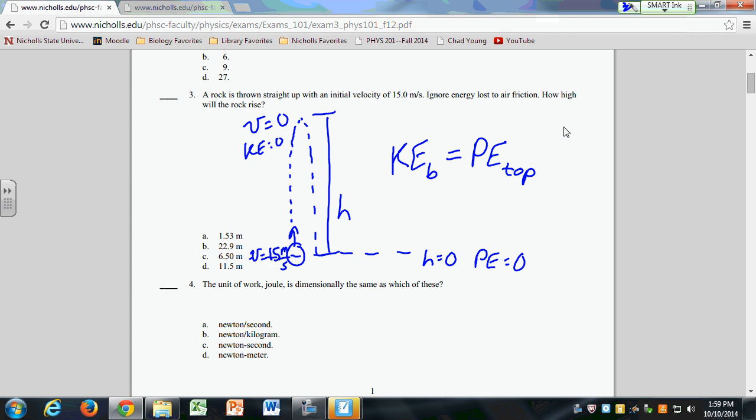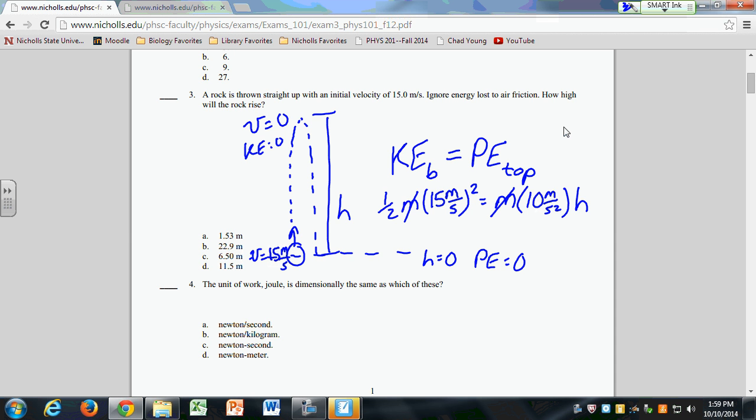And so I can say 1/2 of m times v squared, which was 15, equals m times g, which is 10 meters per second squared, times h, which is what I want to know. My m's cancel. I get 113. Oh, that's not right.